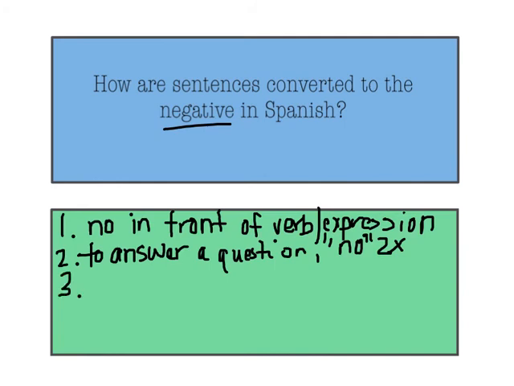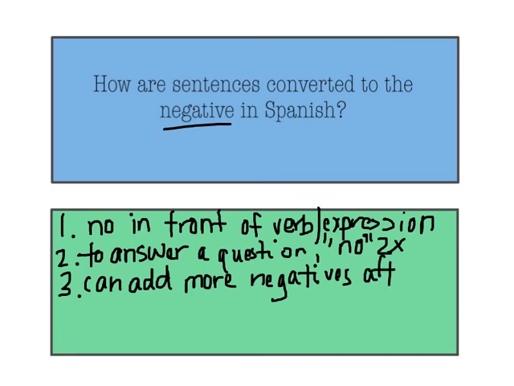The third thing that we need to remember is that we might use more negatives. You can add more negatives after no. For example, nada. You do not have to have the same wording as me at all. In fact, I would like if you would develop your answers a little bit more. This is just to help you remember.